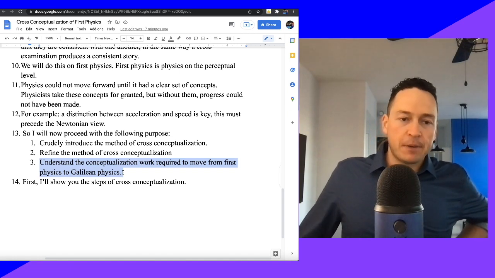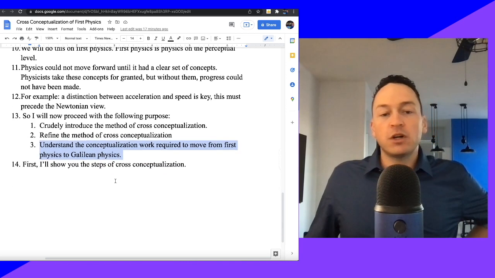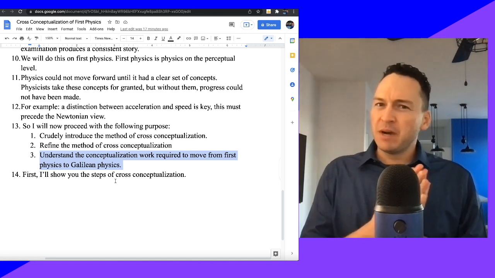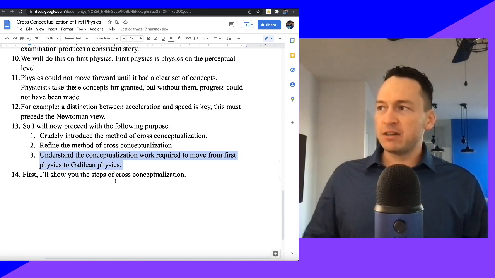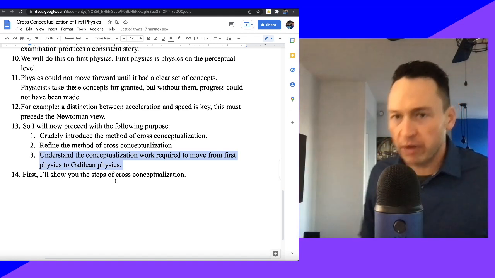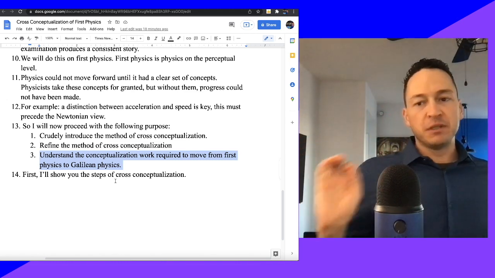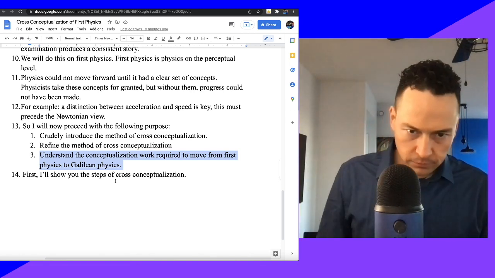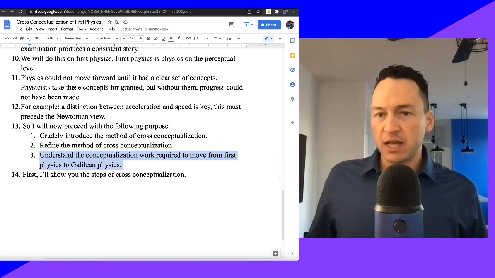So two of my purposes here is I'm going to show what kind of conceptualization work was required to move from first physics, or what you might call Aristotelian physics, to Galilean physics, the physics that was required to actually move into Newtonian physics with an understanding of forces, how forces cause acceleration, how acceleration causes a change in speed, how changes in speed cause objects to change position, which then opened up the whole world of matter, of motion to us. So first what I'm going to do is I'm going to show you the steps of cross-conceptualization.